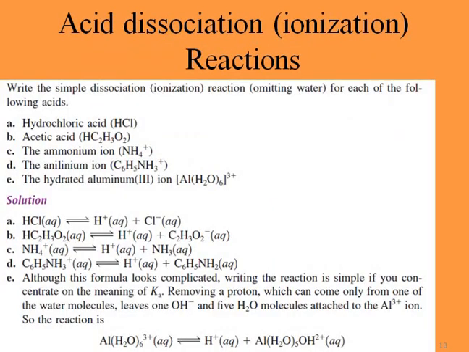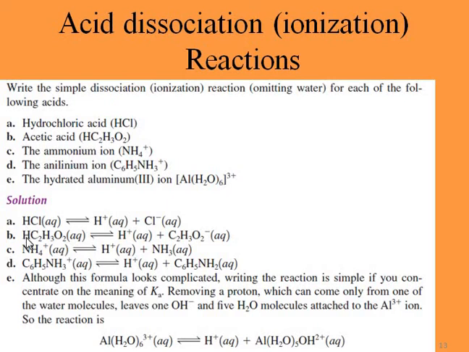Let's see some examples. These are the acid dissociation or ionization reactions. Write a simple dissociation or ionization reaction, omitting water, for each of the following acids. First one is HCl, hydrochloric acid. You can write it like that: hydrochloric acid gives proton plus Cl minus.